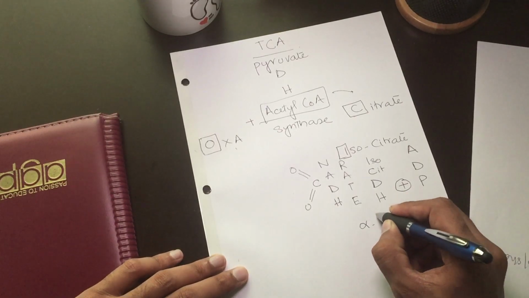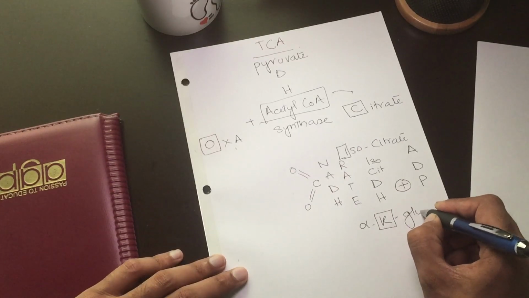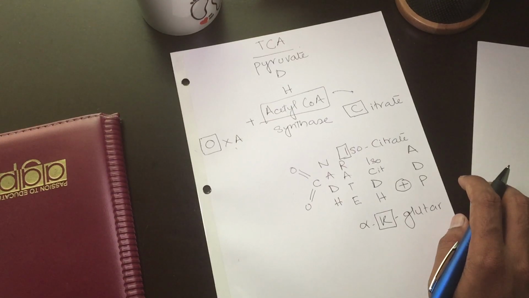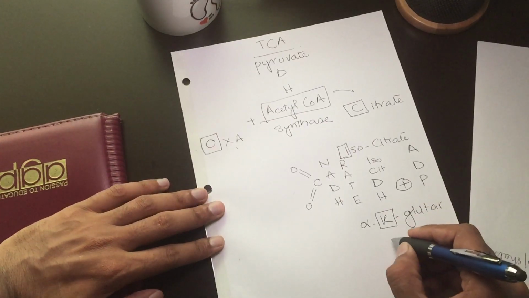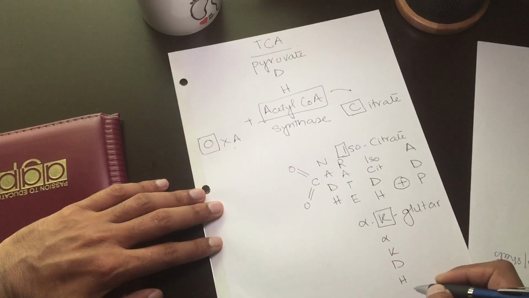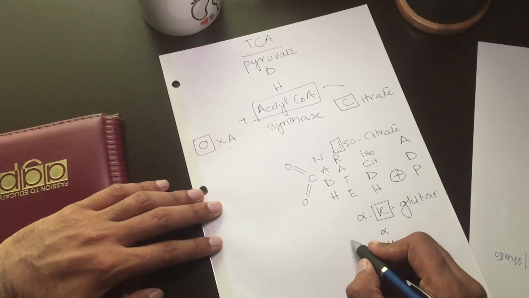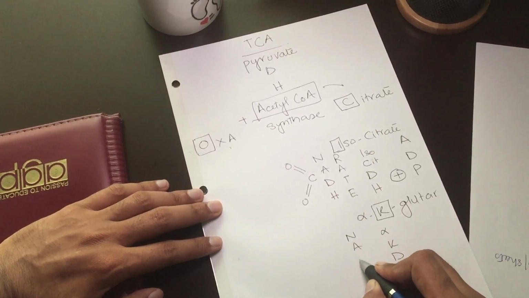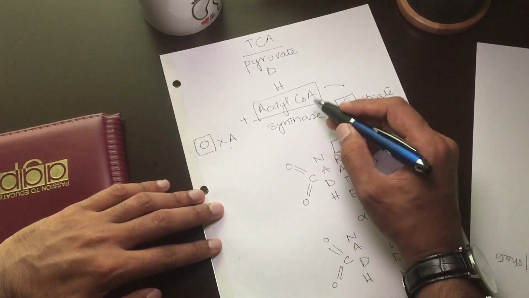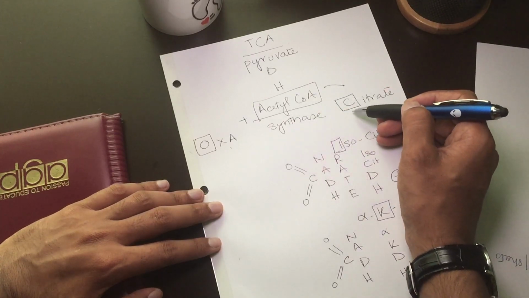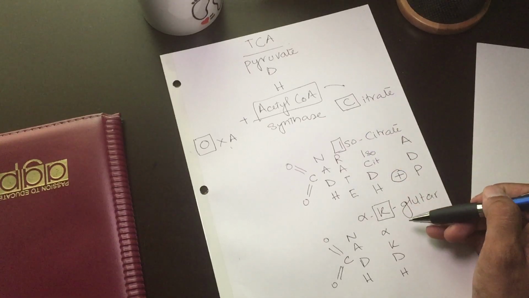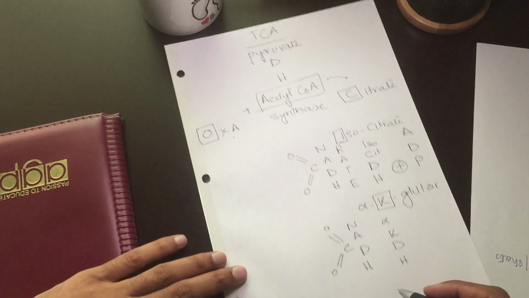This alpha ketoglutarate again undergoes dehydrogenation by alpha ketoglutarate dehydrogenase and yields NADH and also carbon dioxide. So we are just removing carbon dioxide, a carbon molecule, from citrate, isocitrate and alpha ketoglutarate to make succinyl CoA.